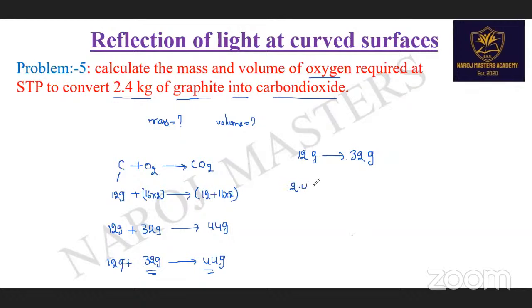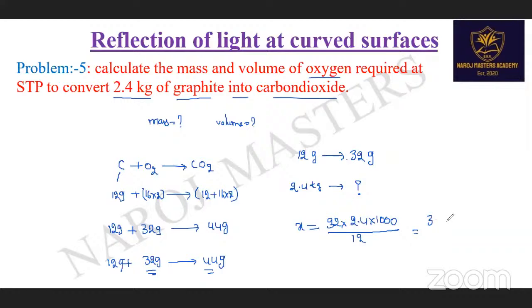Then for 2.4 kg of graphite, how much oxygen is required? Cross multiplication: X is equal to 32 into 2.4, and since it is in kg, write it in grams, times 1000, by 12.